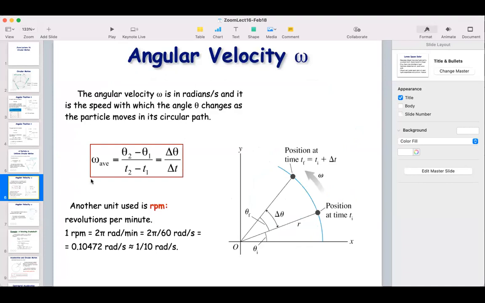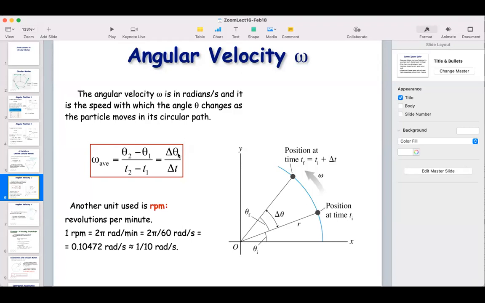Then we also have an angular velocity. Remember when we defined the velocity, it was displacement divided by time: final position minus initial position divided by the time you needed to do that displacement. For the angular velocity it is exactly the same, but instead of the usual position you have the angular position, our angle.